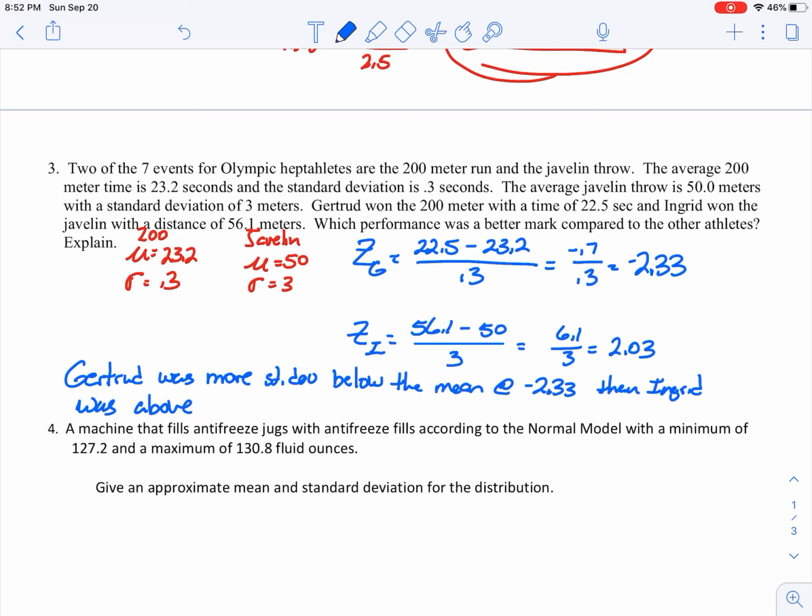And actually, in reality, we could just say Gertrude is more standard deviations away from the mean, okay? Ingrid was above the mean at 2.03.